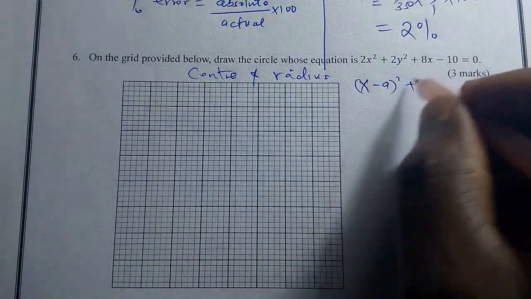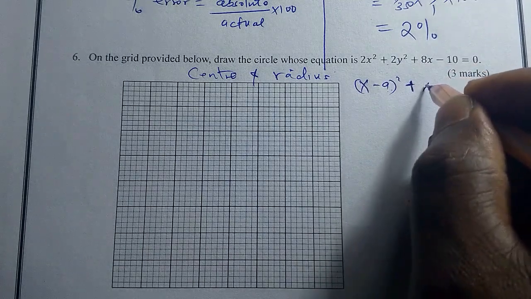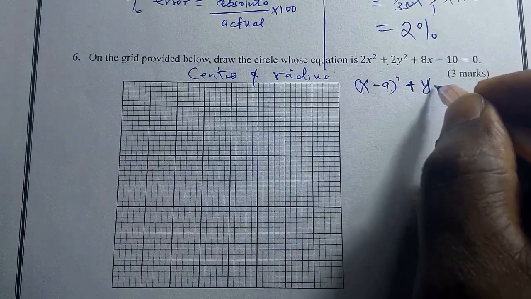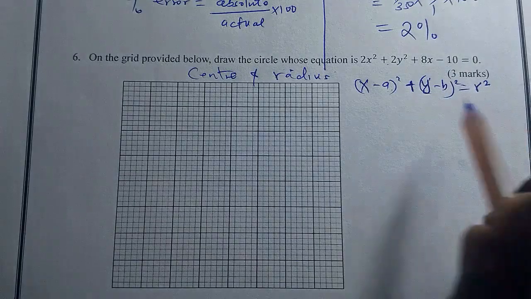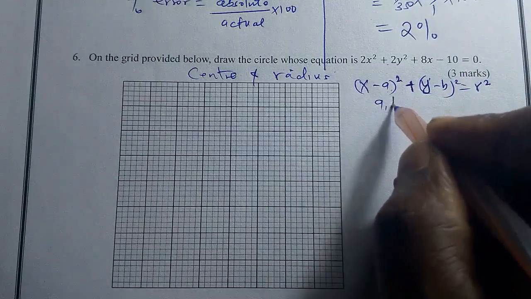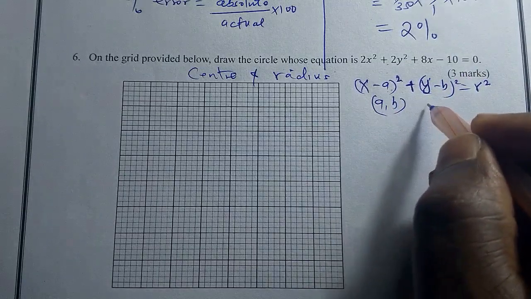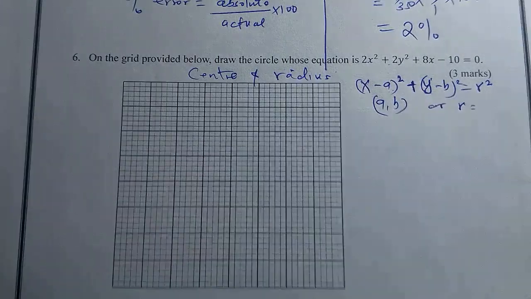So we need to write this equation in this form. Once we write it, we are able to identify that (a, b) is the center, and r is the radius.